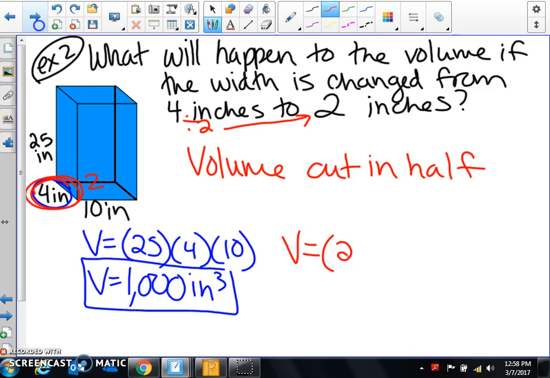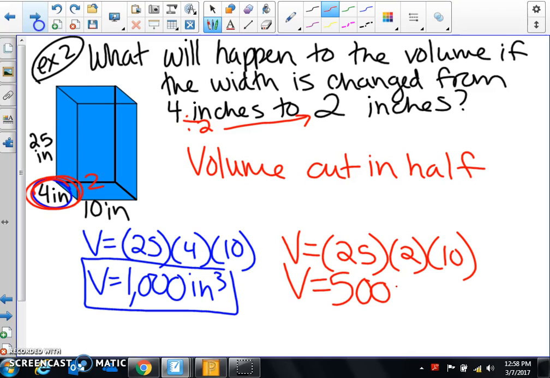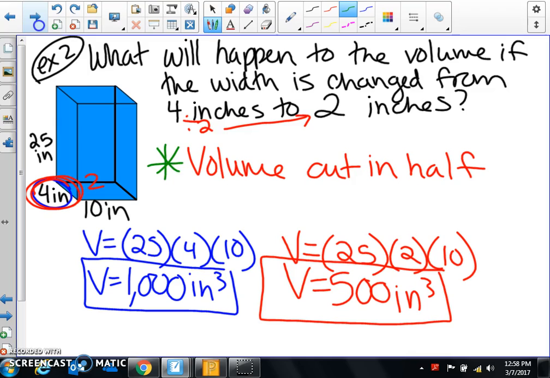Volume equals 25 times 2 times 10. 25 times 2 is 50. 50 times 10 is 500 inches cubed. Let's see if that actually makes sense. Is 500 half of 1,000? Yes. So this is true.